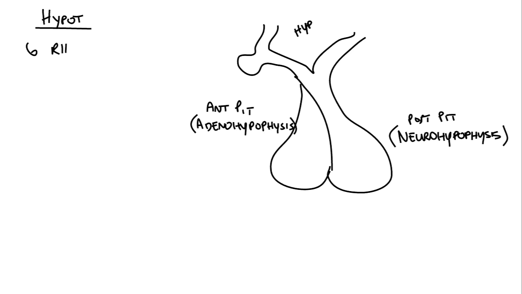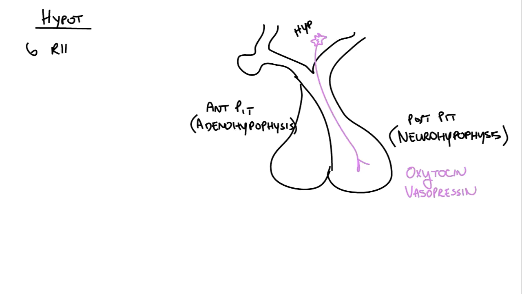So if we draw some neural tracks, we'll start off with the posterior pituitary that extend down into the posterior pituitary. What's interesting here is that the hormones made in the hypothalamus that go to the posterior pituitary are then just stored there. And that's oxytocin and vasopressin, or ADH.